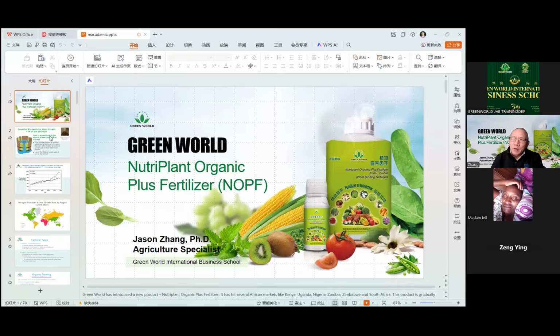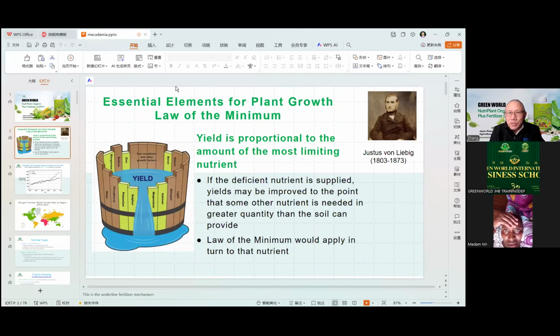One of the scientific foundations of fertilizer is what you call the essential elements for plant growth, the law of the minimum. The yield of your crop is proportional to the minimum.